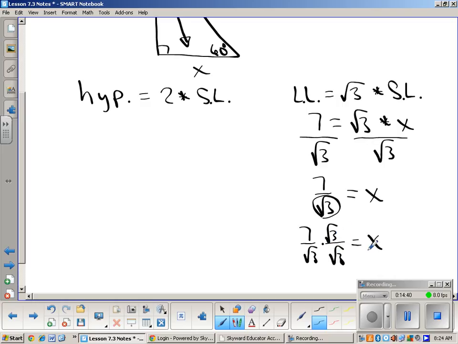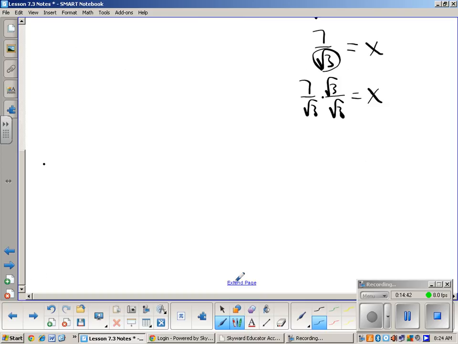So on top I get 7 square root of 3. On the bottom, what is square root of 3 times square root of 3? Square root of 9, which is 3. Do you see, when I multiply a radical by itself, the radical sign disappears.